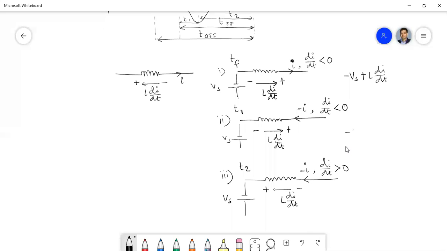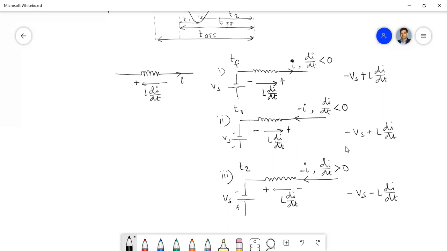Here it is minus Vs plus L di/dt, but here it is minus Vs minus L di/dt, because you see with proper polarity these two voltages are added. So proper series addition. You see this minus plus minus plus.